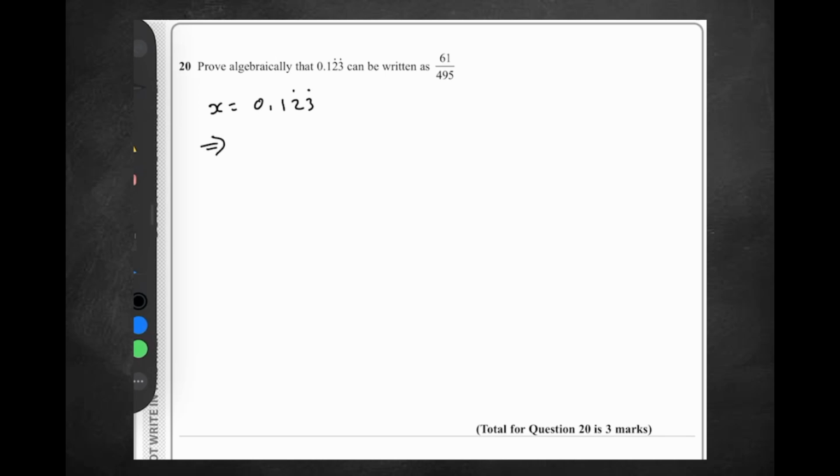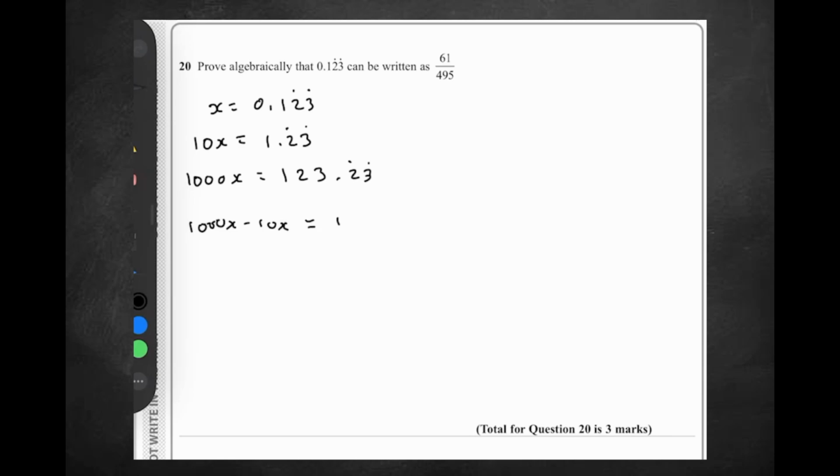Therefore, we're going to say 10x equals 1.23 recurring. And then we'll say 1000x is going to be 123.23 recurring.